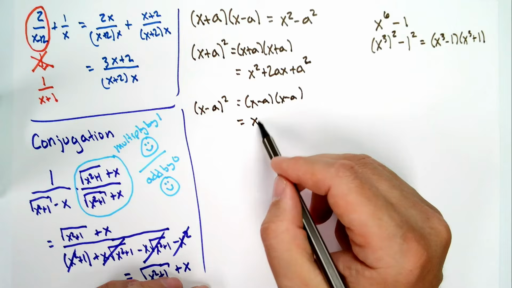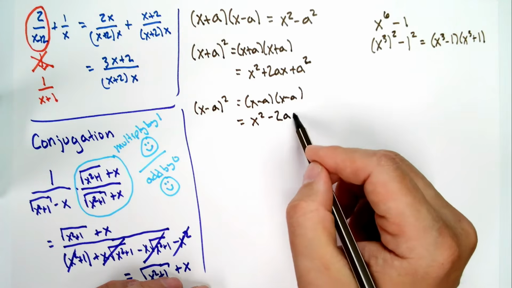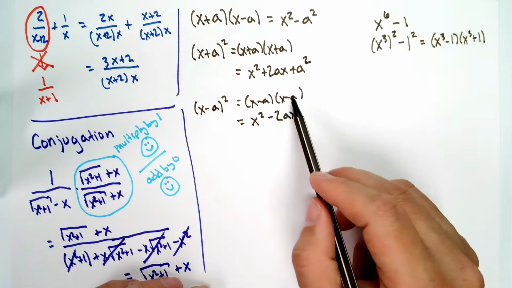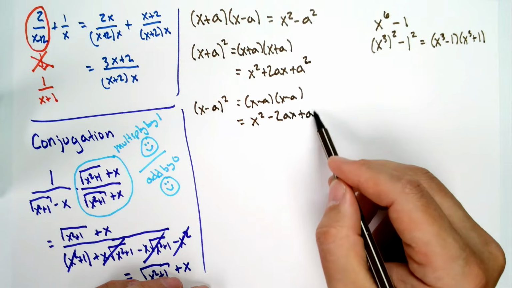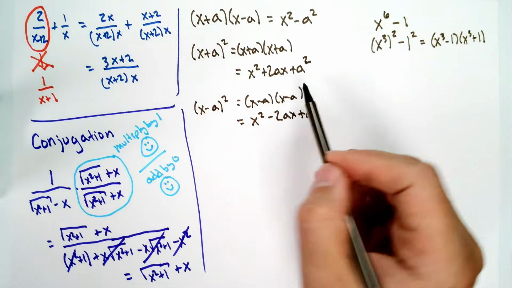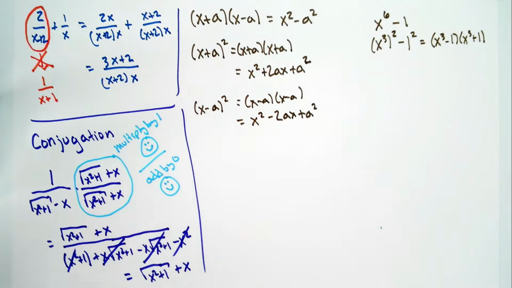That's almost identical, except the middle now becomes minus, because you'll see it's minus 2ax. And the end is still plus a squared. This x squared plus 2ax plus a squared, you will see again and again. You want to get to the point where you say, aha, that's a perfect square. And perfect squares are our friends.